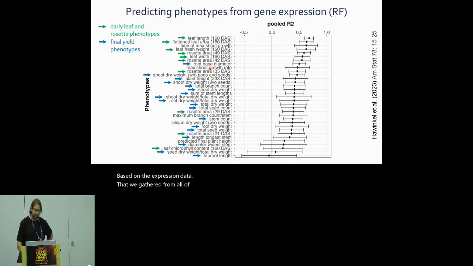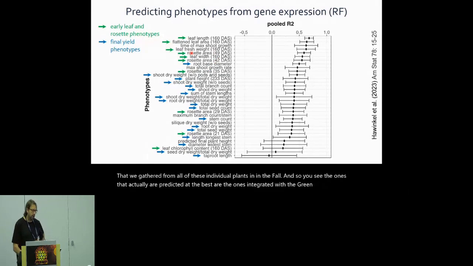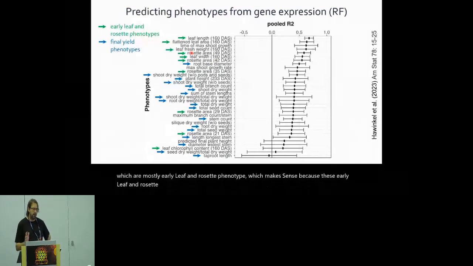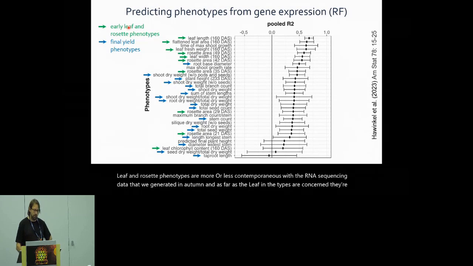You see the ones that are predicted the best are the ones indicated with the green arrows here, which are mostly early leaf and rosette phenotypes, which makes sense because these are more or less contemporaneous with the RNA sequencing data that we generated in autumn. And as far as the leaf phenotypes are concerned, they're even on the same material.